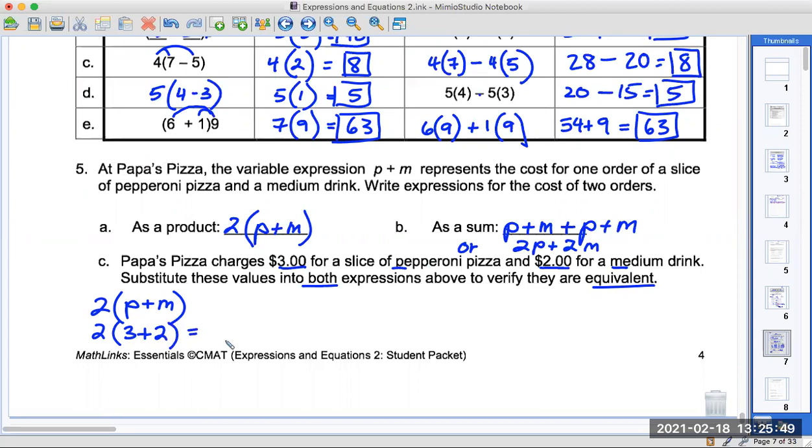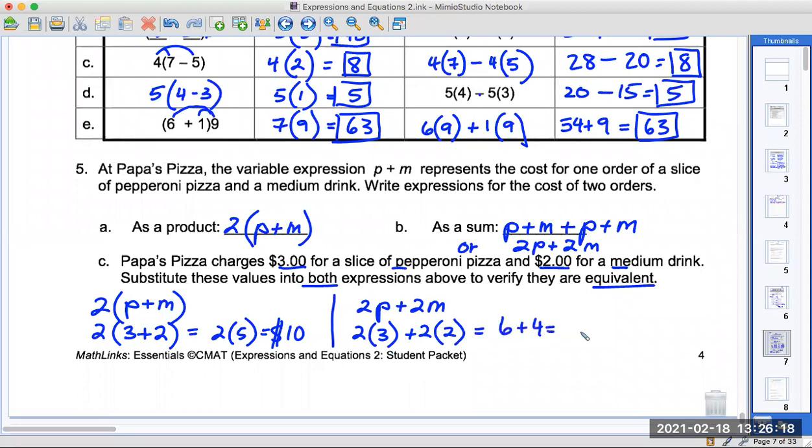So 3 plus 2 is 5. 2 times 5 is $10. Okay. And then the second one is this one, 2P plus 2M means 2 times 3 plus 2 times 2 is 6 plus 4. It's also $10. So they are equivalent. Yes.